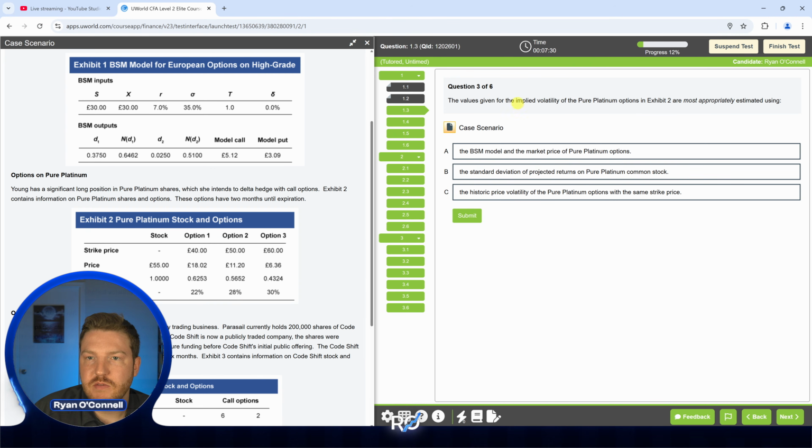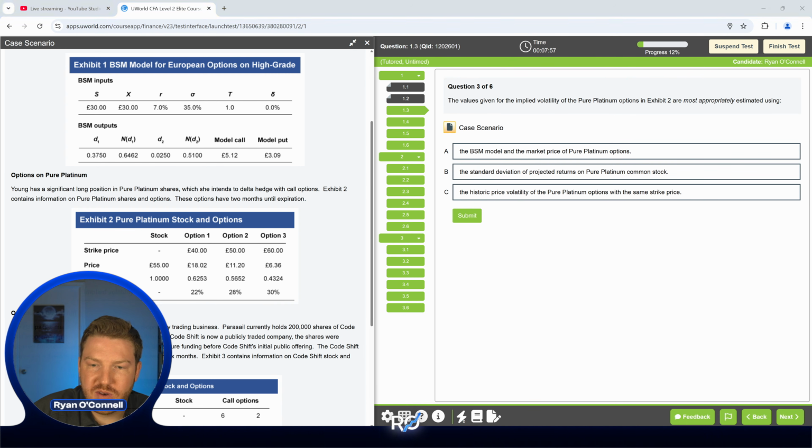And then we have the Black-Scholes-Merton model and the market price of pure platinum options as a possible answer, the standard deviation of projected returns on pure platinum common stock, and then the historic price volatility of pure platinum options with the same strike price.